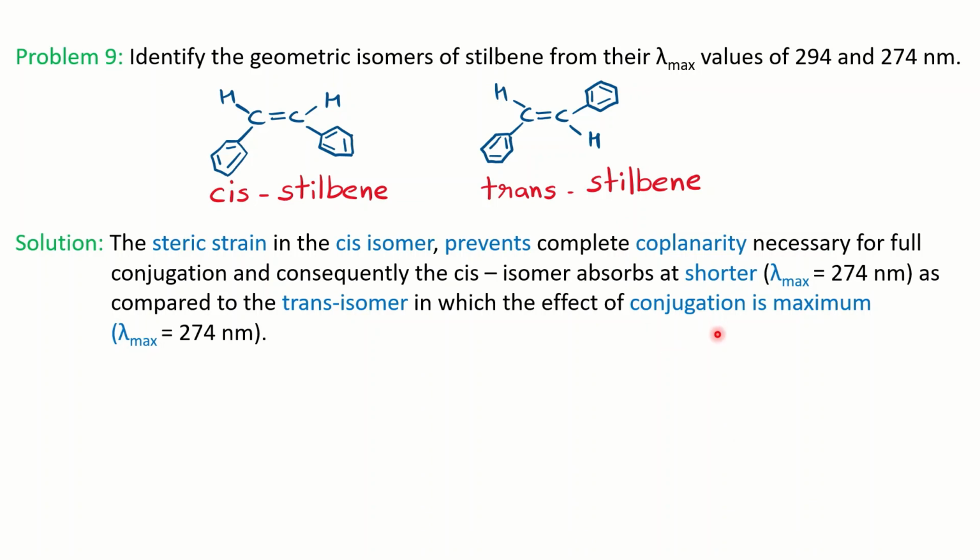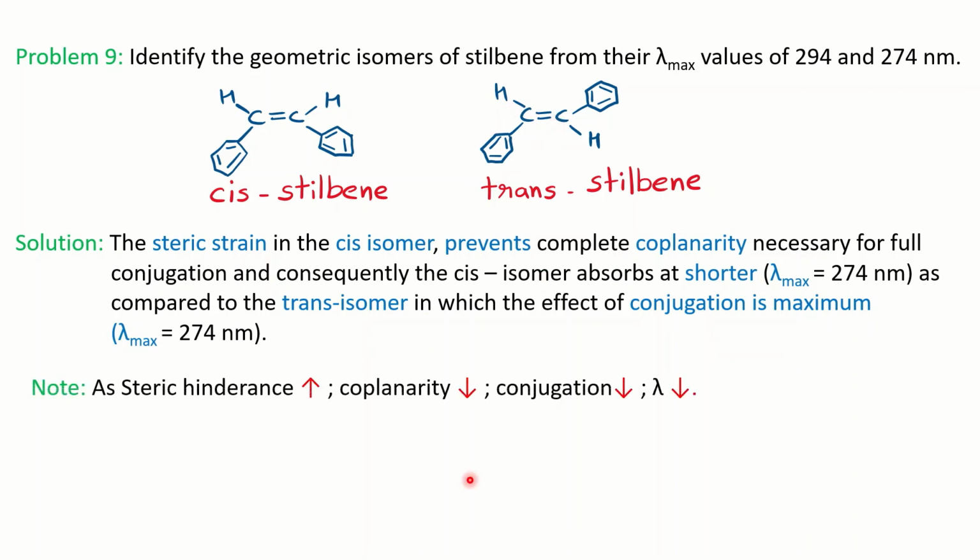So again, it is the effect of conjugation. As the conjugation increases, the lambda max value increases. You can notice that as steric crowding increases, coplanarity decreases, therefore the conjugation decreases, and so the wavelength decreases.